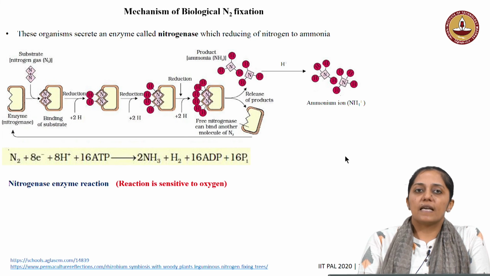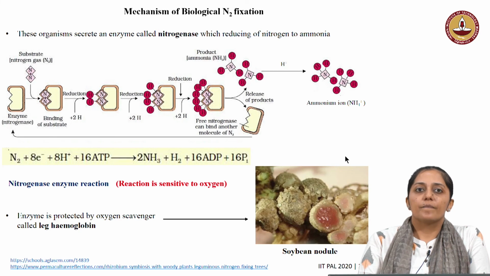So, the nitrogenase enzyme being sensitive to oxygen, it is protected by a molecule which is called leghemoglobin, so as to protect it against oxygen. This pink coloration of the nodules, if you see the section from inside, it is pinkish in color. This color is because of the leghemoglobin present, which acts as an oxygen scavenger.